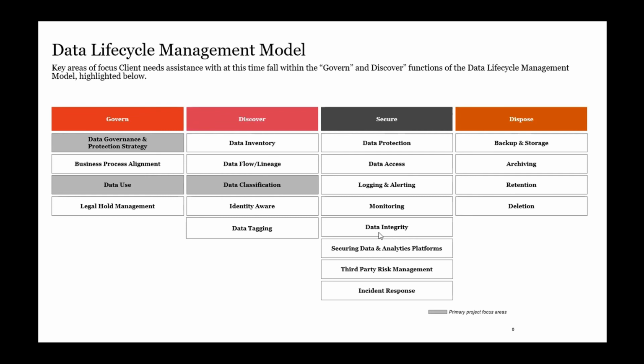Then identity aware, we will start educating, or carry out an education program for the staff members to understand what data classification is all about, and also to make them aware how they need to classify data as well.